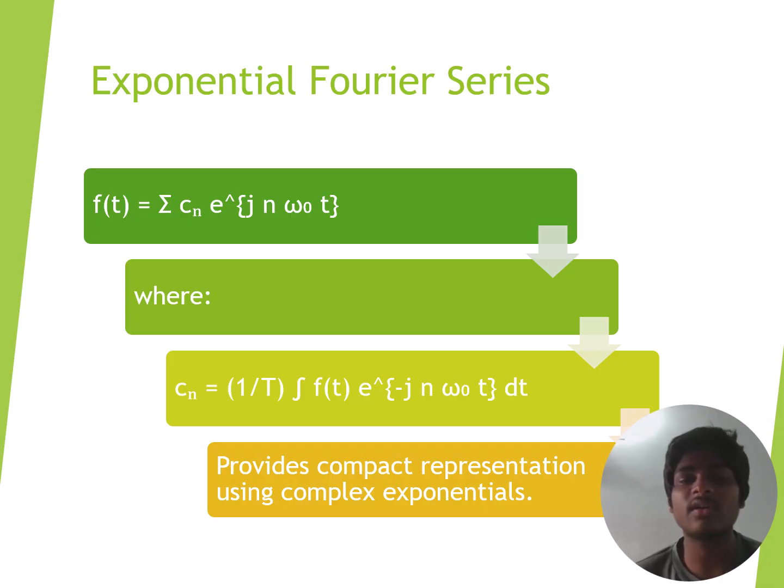Exponential Fourier series. f of t equal to summation of Cn e power j n omega naught t, where Cn equal to 1 by T integral of f of t into e power minus j n omega naught t dt. This is the general exponential Fourier series formula.